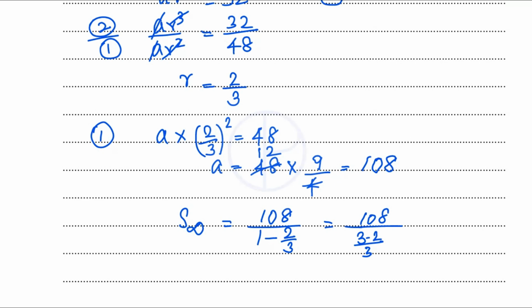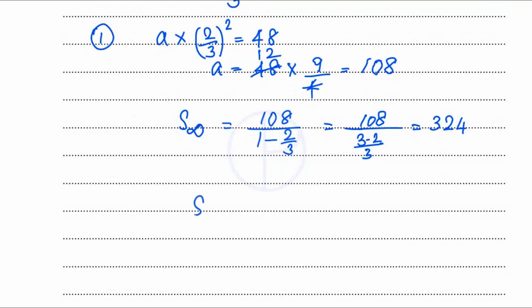So we get 3 minus 2 divided by 3, which is nothing but 108 divided by 1 over 3. So 108 multiplied by 3, which is 324. So the sum to infinity is 324.